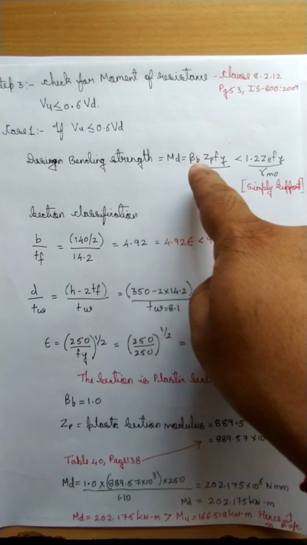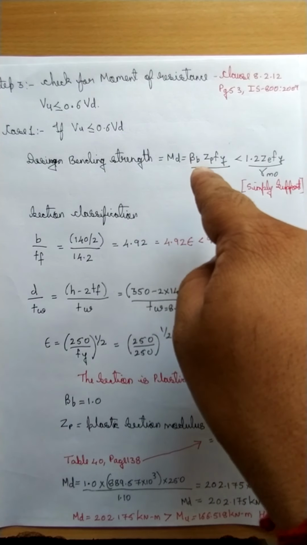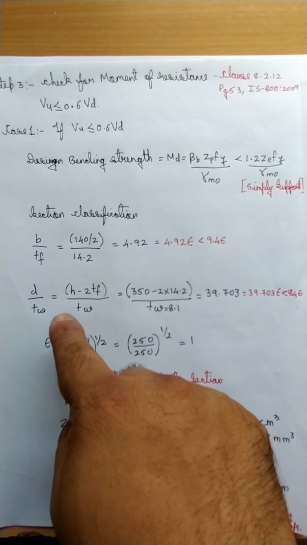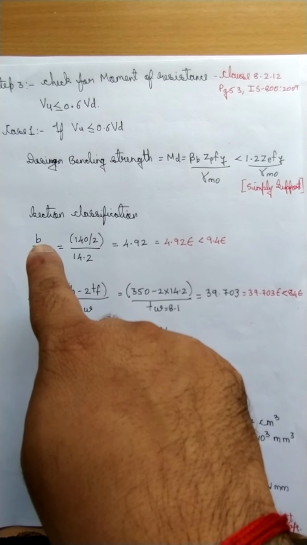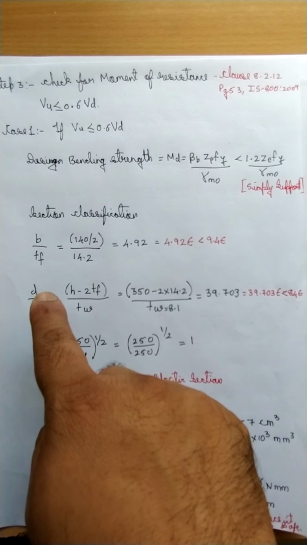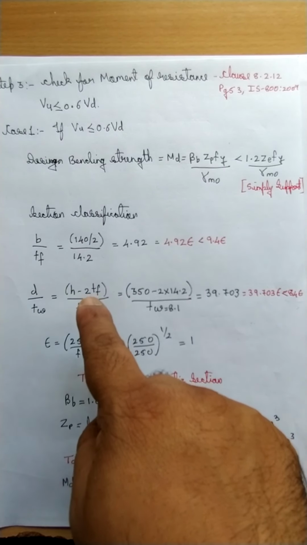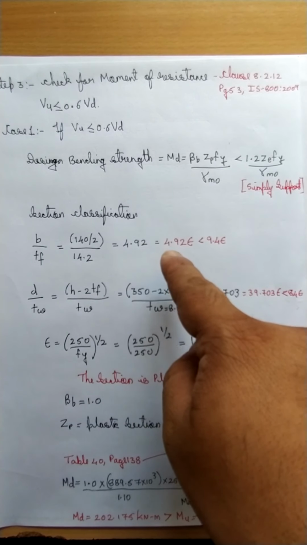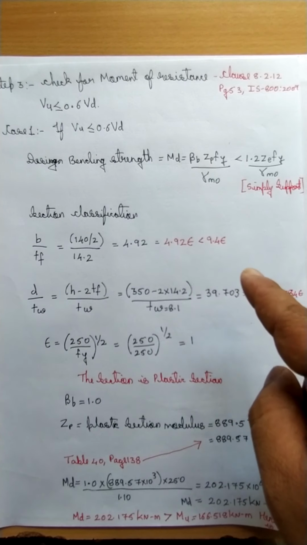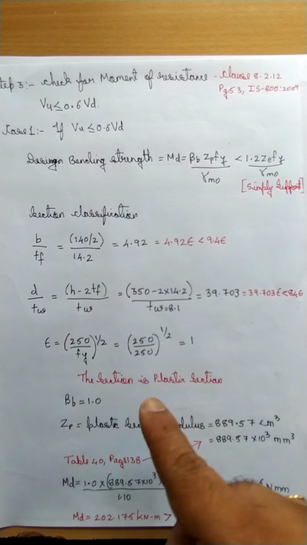We should know the value of beta b. To get the value of beta b, we should know the classification of section. How do we classify? By the ratios b by tf and d by tw. Make a note, this b is the outstand of the flange, which is half of the width, and d is nothing but the web depth. Web depth I get as total depth minus 2 times thickness of flange. So we got the ratios, 4.92 epsilon and 39.73 epsilon. We went into the table for section classification and got to know that this is a plastic section.